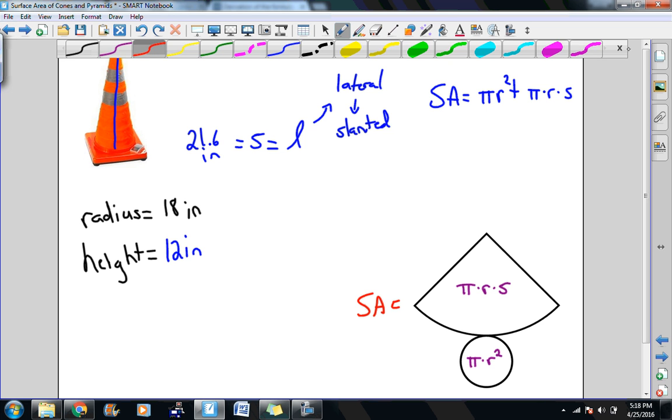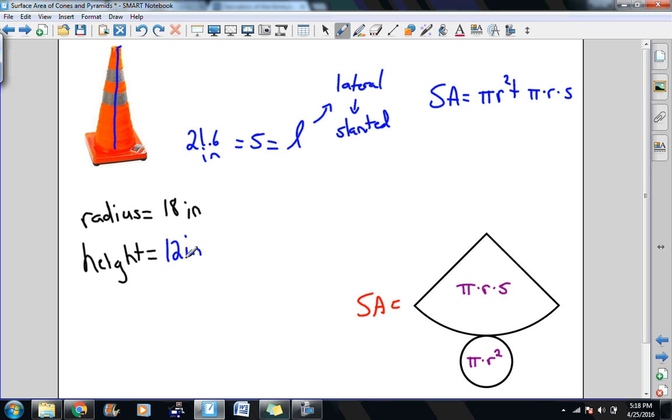So for this figure, the radius is 18, so I'm going to do pi times 18 squared plus pi times the slanted height, that's 21 6/10, times the radius, which is 18. Okay, so now I simply add these things together. So I do 18 squared is 324.